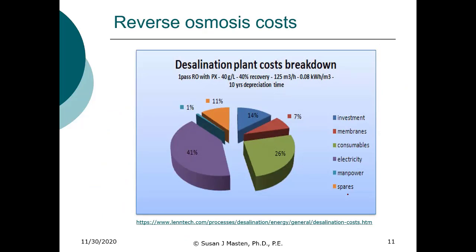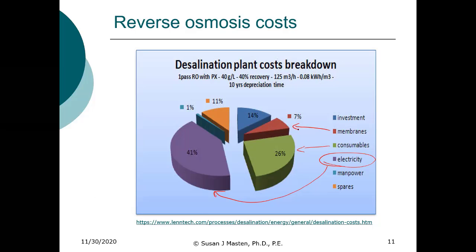Now, in terms of the cost of desalination, a significant cost is electricity. Another significant cost are consumables. This will include replacement of membranes. Typically, you're replacing polymeric membranes about every 3 to 5 years. This here is more of the actual housing for the membranes.